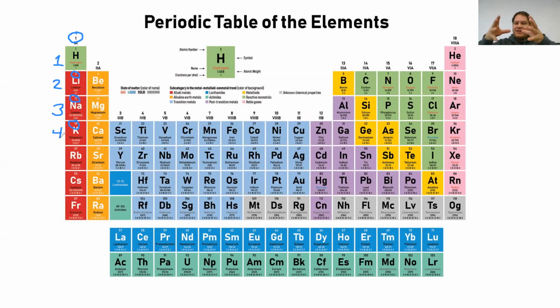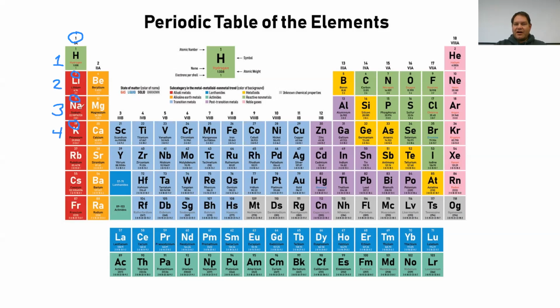Well, that means we're also adding more core electrons because the valence shell is going out, right? So if I'm adding more core electrons, that means the shielding effect is also increasing. And anytime I'm adding more electrons to the core, as I mentioned, I will increase the shielding effect. Therefore, the attraction between the nucleus and the valence shell goes down. So even though I'm increasing the number of protons, I'm also increasing the shielding effect.